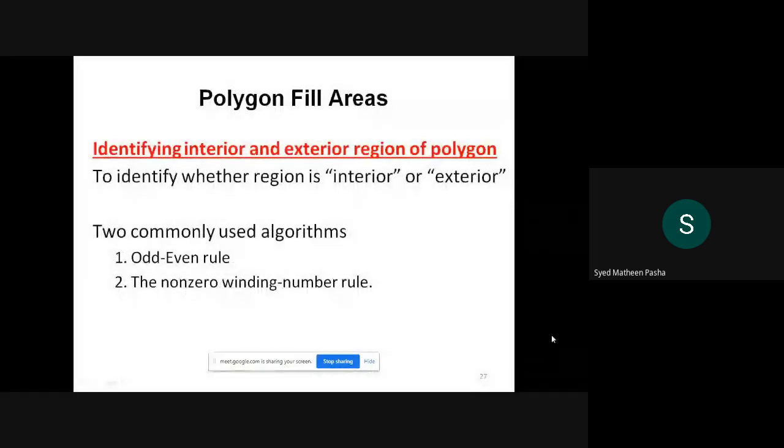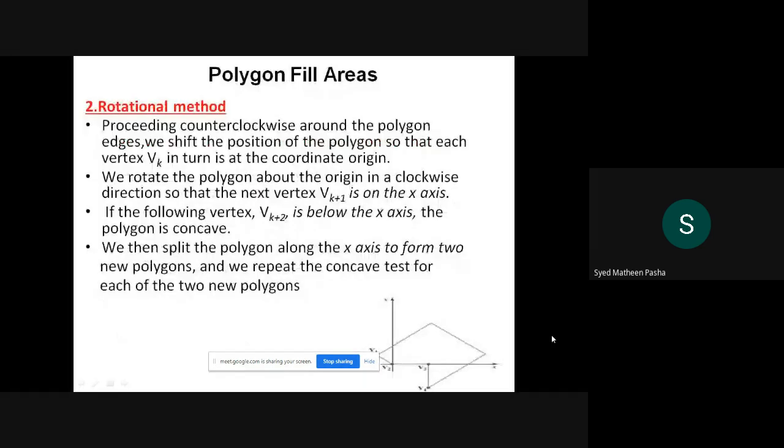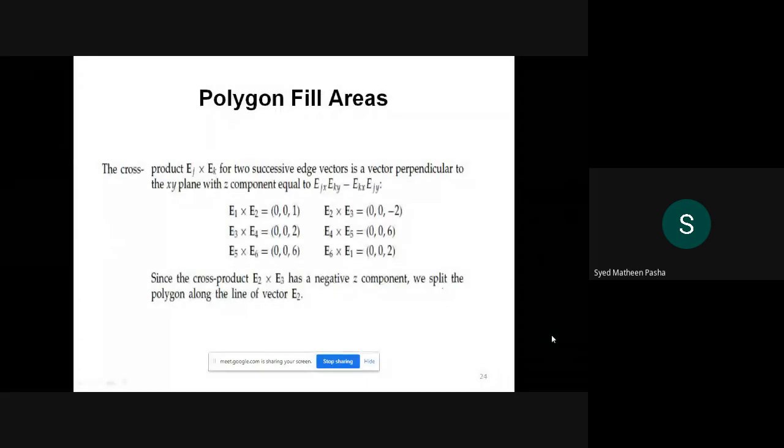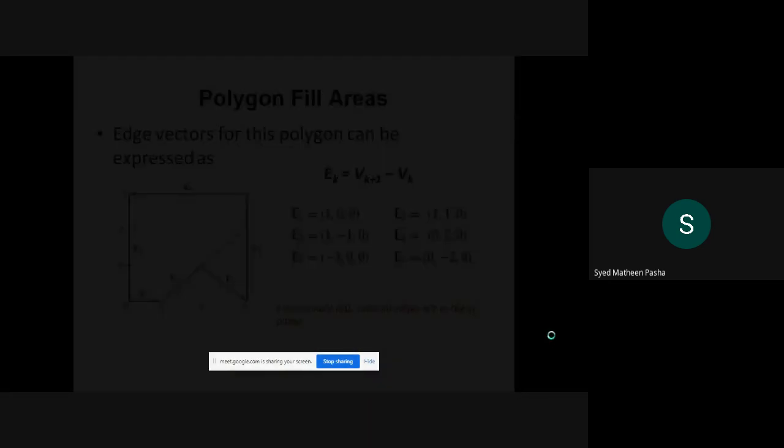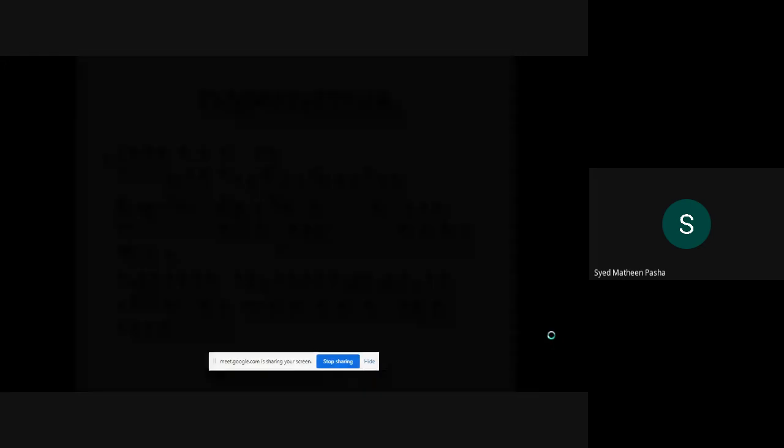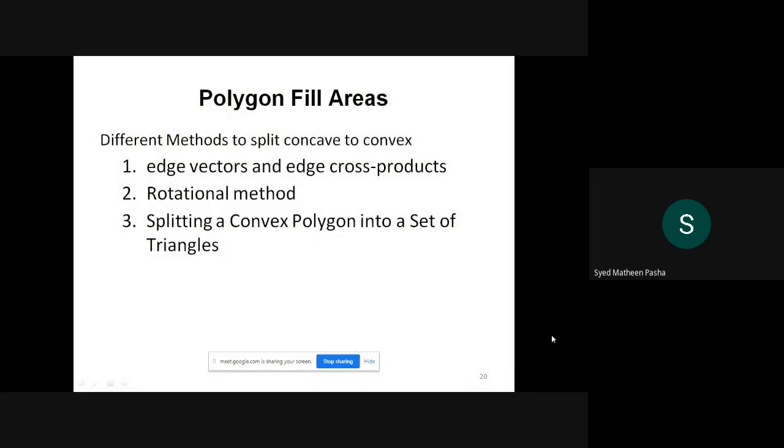So these were the three different algorithms which we studied. Why do we use these three algorithms? We use these three algorithms to split a concave polygon into convex polygons. There might be a question, it might be asked for 12 or 14 marks, maximum 12 marks, to explain different methods to split a concave polygon to convex polygon.